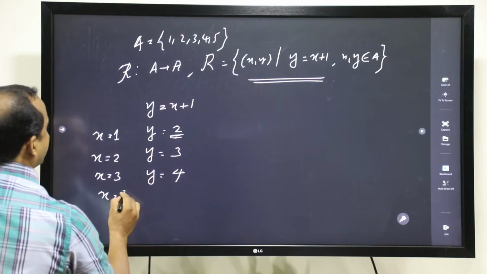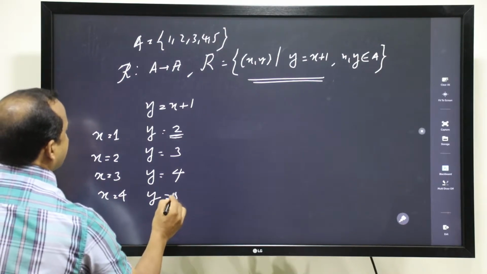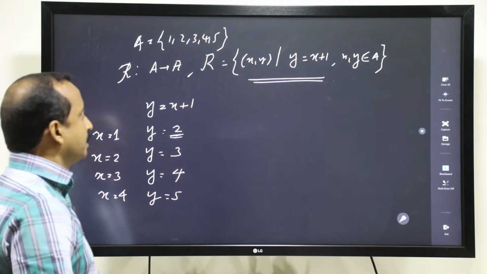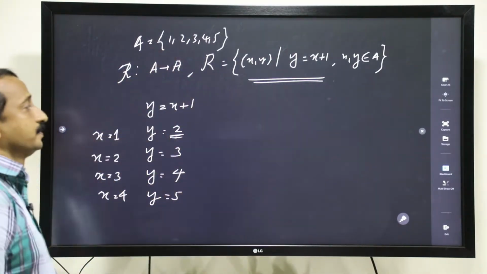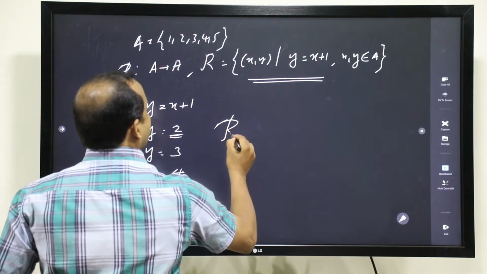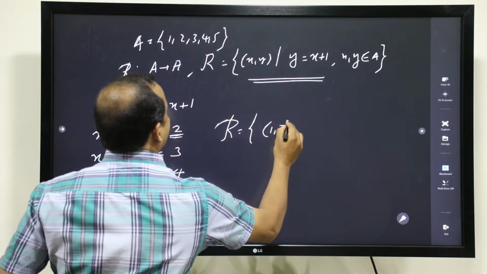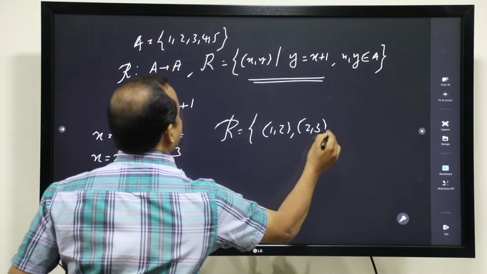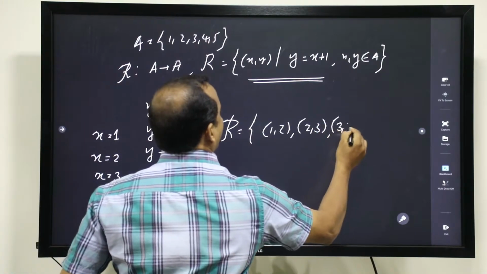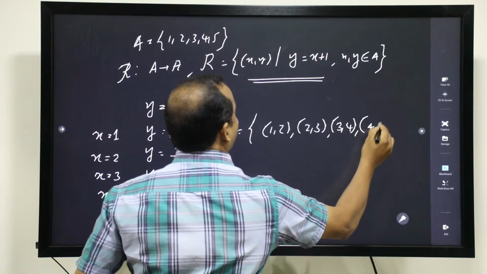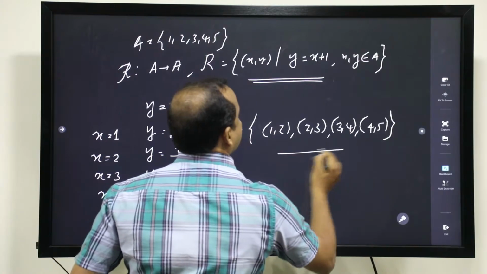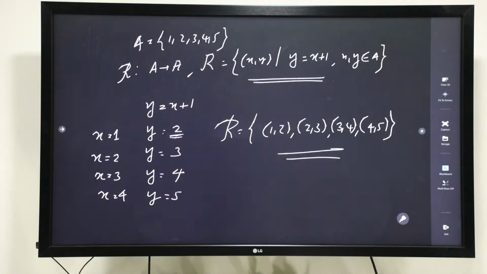Then x is equal to 4, we get y is equal to 5. Then x equal to 5, y becomes 6, which is not an element of the given set A, and therefore the required relation is {(1, 2), (2, 3), (3, 4) and (4, 5)}. That's all. It is the roster form of the given relation.